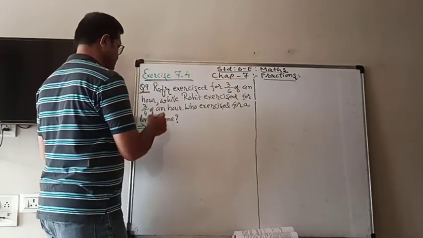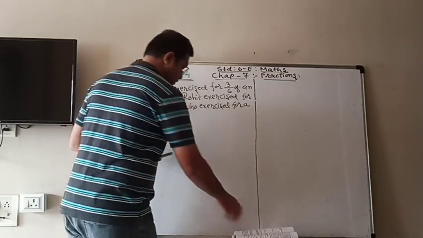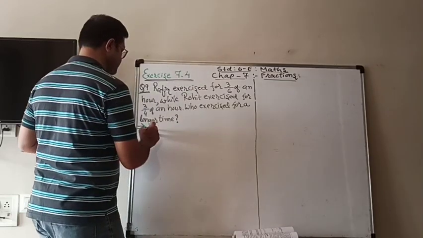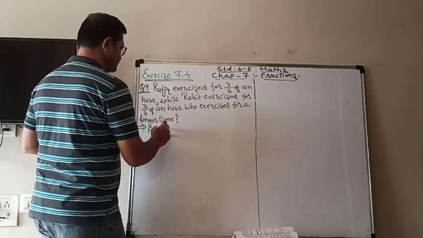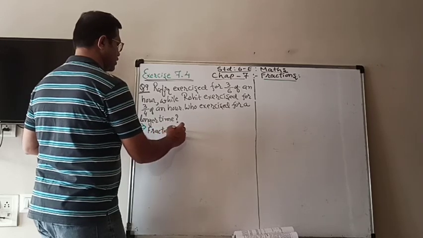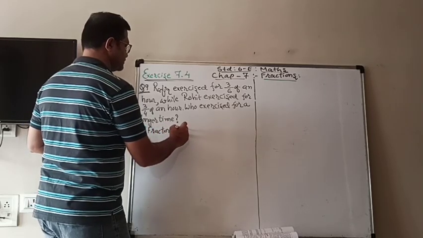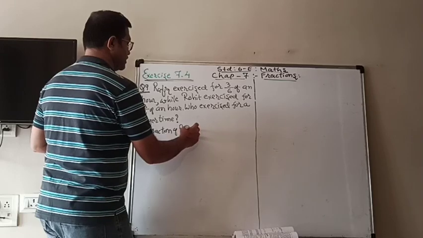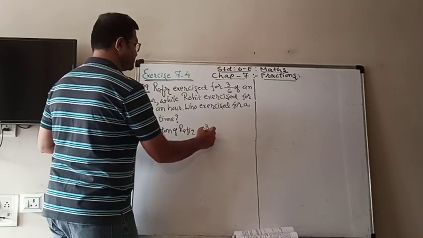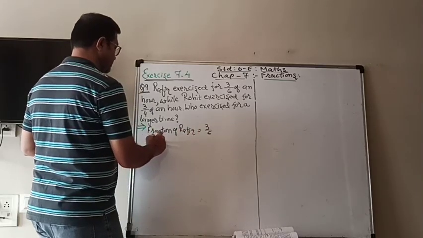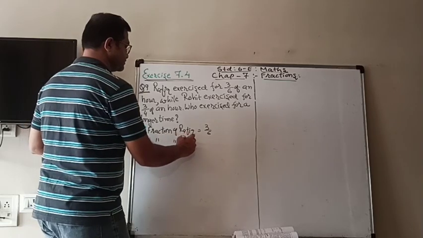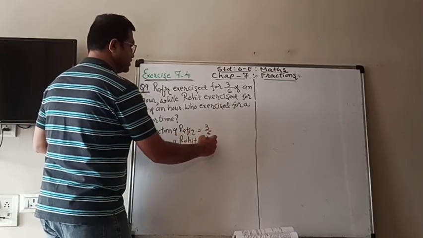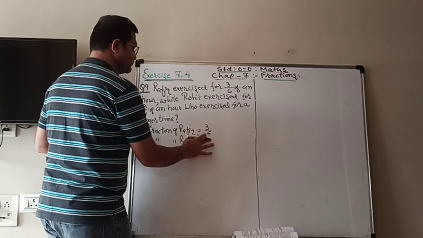So we will first write down that the fraction of Rafiq is 3/6 and that of Rohit is 3/4.